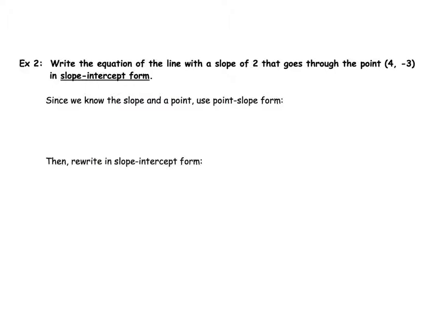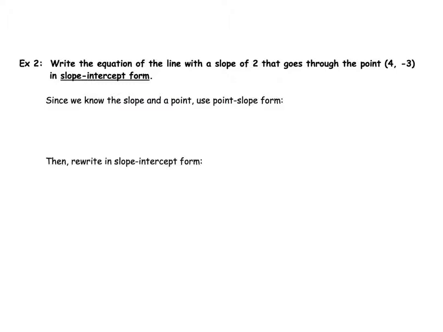I can't write this equation in slope-intercept form right away because I don't know my y-intercept. I only know a point on my line and my slope. Because I know a point and because I know my slope, I can use point slope form to start before I get to slope-intercept form.